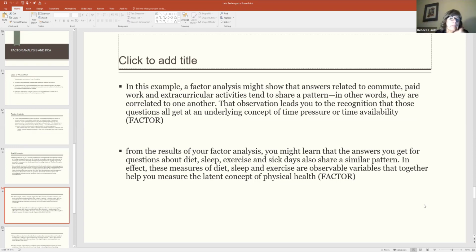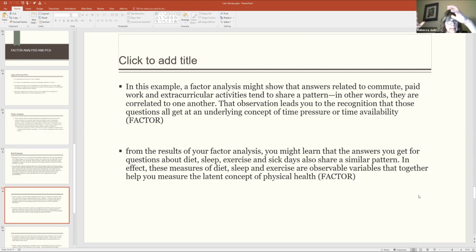And then we may come up with 6 questions, and based on a scale of the answers to those 6 questions, we can then determine their level of time pressure, time availability. We can do the same thing for diet, sleep, exercise, and sick days. We may then find that these are actually observable and that they're contributing to the latent concept of physical health.